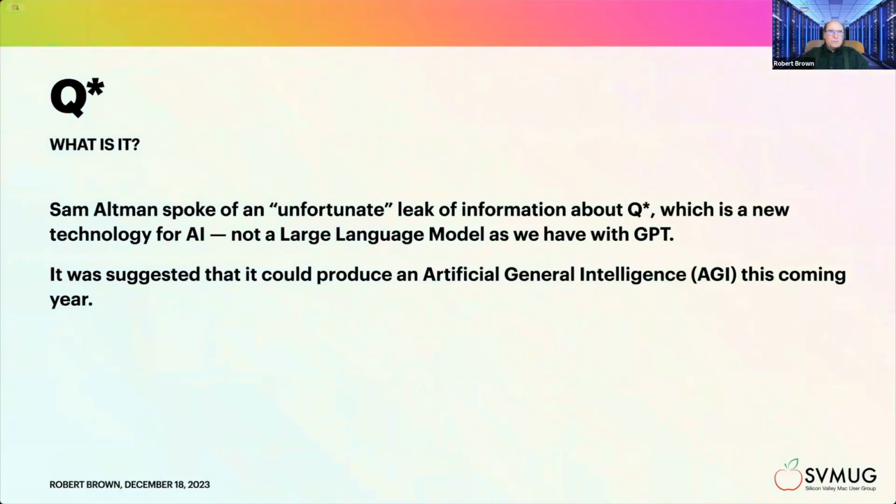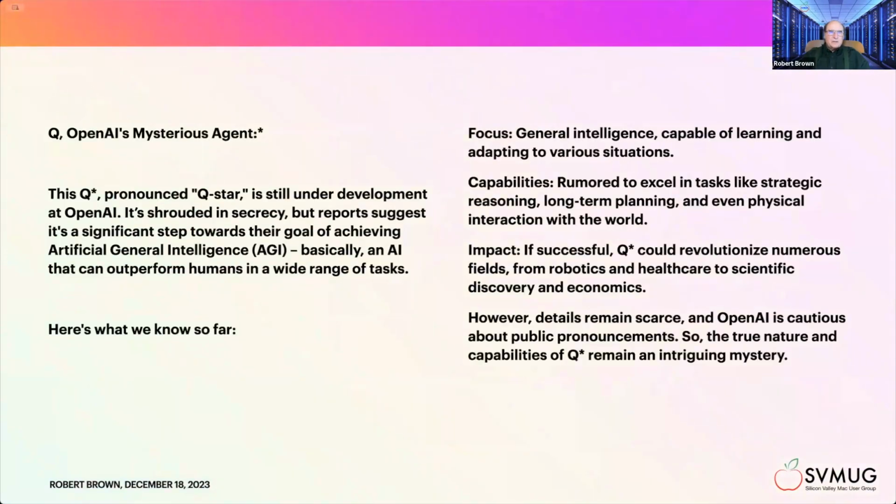Supposedly it was written from the ground up to be a general intelligence. And it is claimed, for example, that it learned how to do basic arithmetic and some basic math all on its own without it being actually trained in that.